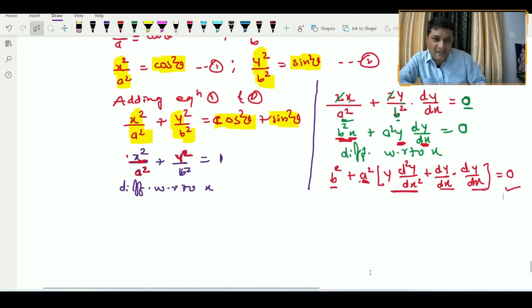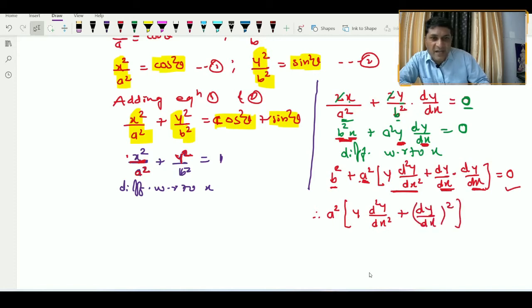We are just writing it in the same form. So first write down this term a square into y d2y upon dx square plus a square into dy by dx into dy by dx, the square of dy by dx, and lastly write down plus b square is equal to 0, and this is the result which we have to prove.